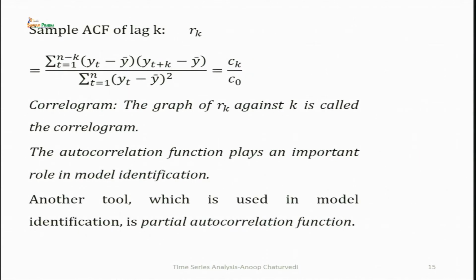So, sample autocorrelation function of lag k, Rk is defined as summation t equal to 1 to n minus k, (yt minus y bar)(yt plus k minus y bar) divided by summation t equal to 1 to n, (yt minus y bar) square. Now, suppose you divide both the numerator and denominator by n, then what you get in the numerator? This numerator is Ck and denominator is C0. So, Rk is equal to Ck upon C0.